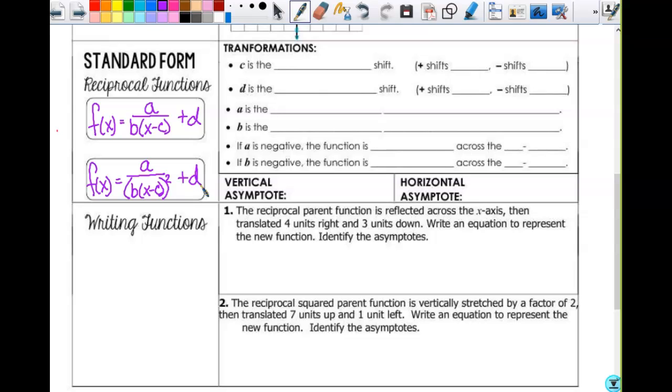So just like before, this c here is going to be my horizontal shift: plus shifts left, minus shifts right. When I add or subtract something at the end, that is my vertical shift: plus shifts up, minus shifts down.